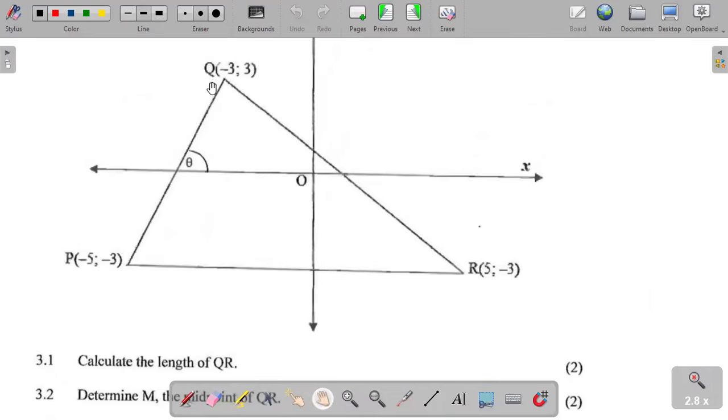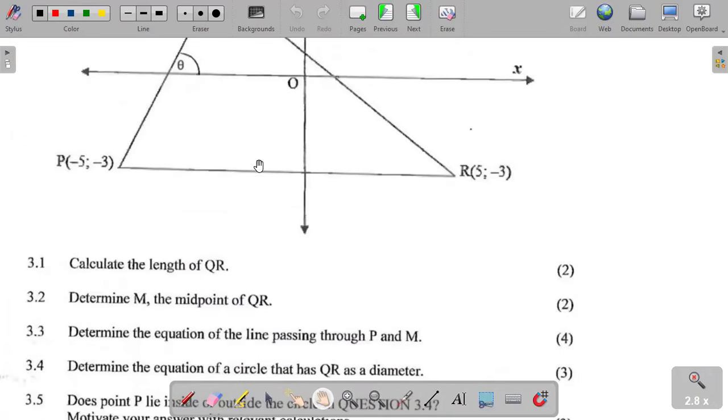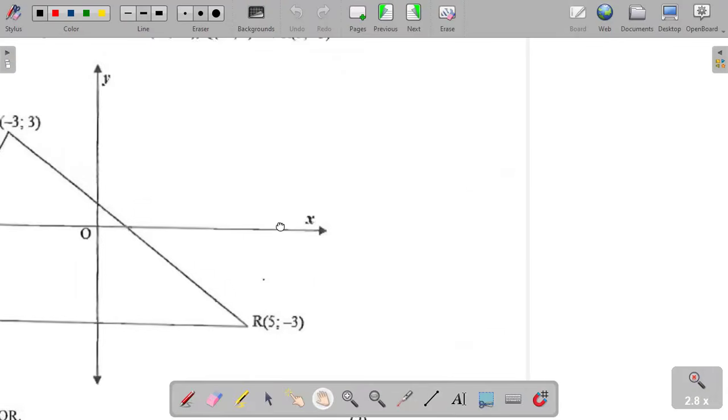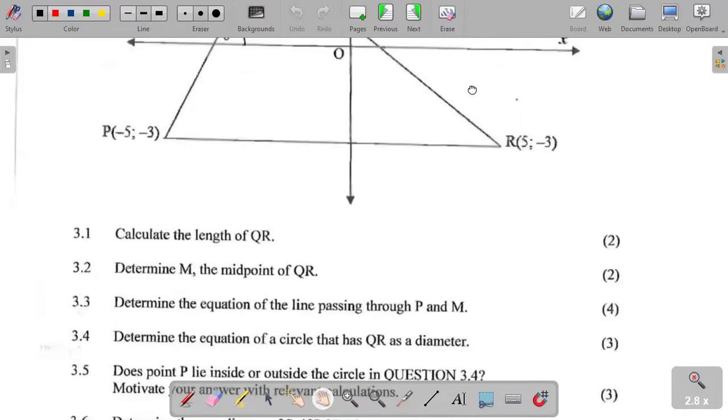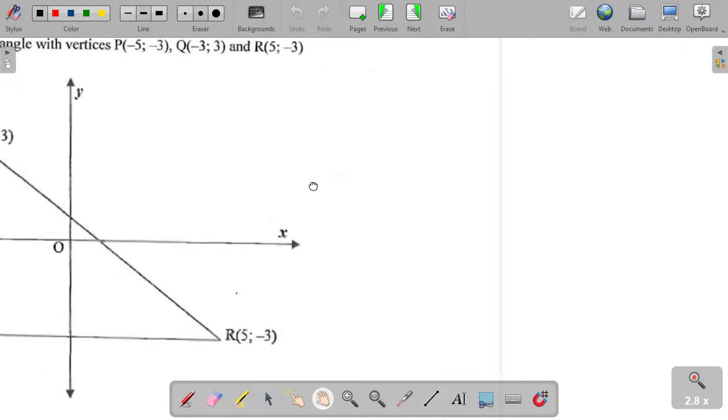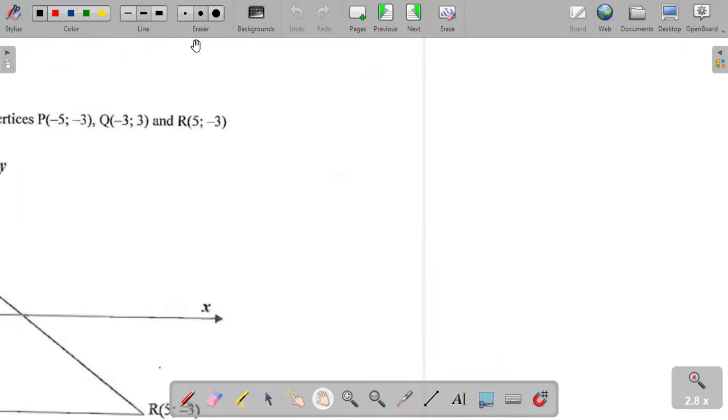The length of what? QR. Okay. So we have to find the distance. 3.1. We have to find the distance.